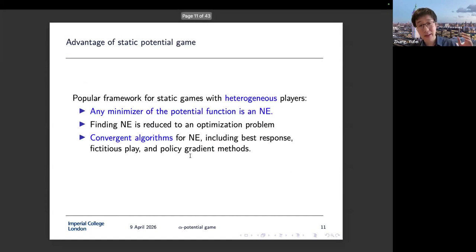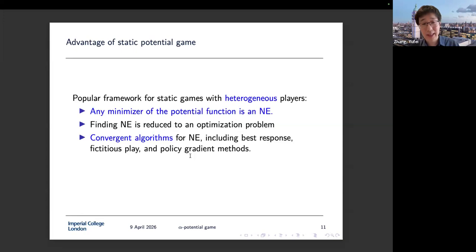So if you know a static game is a potential game, then finding a Nash equilibrium becomes an optimization problem of the potential function. The n-player game becomes a single-player optimization problem, and you can leverage many existing optimization tools in order to compute Nash.